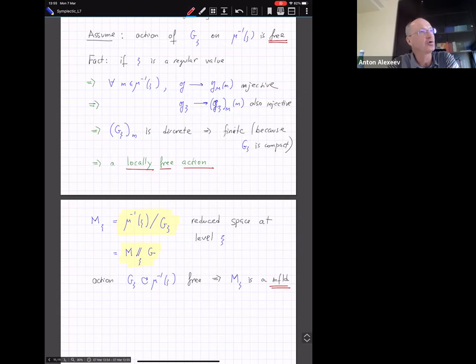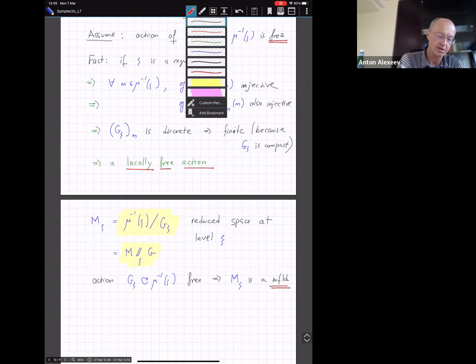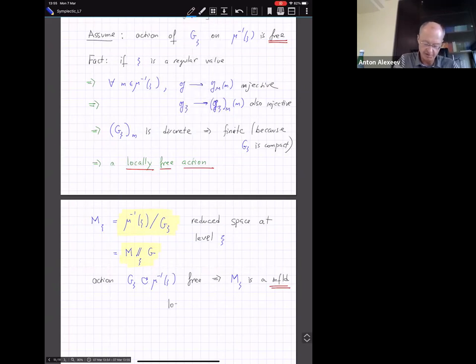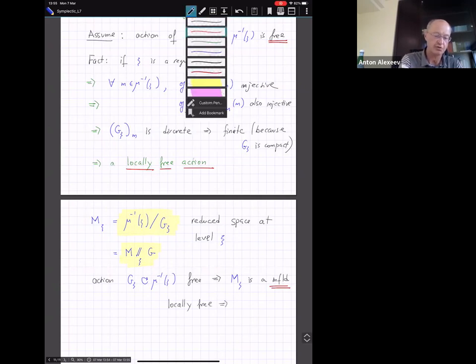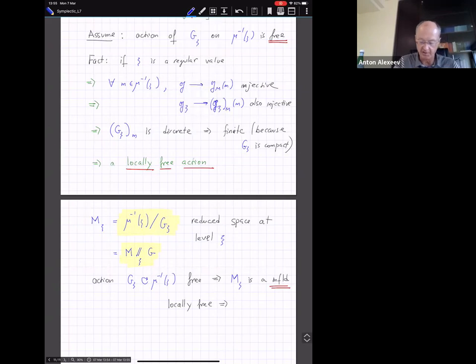However, there are different schools of thought who are thinking about other situations. In many cases, people are thinking that the action is locally free. Then M psi is allowed to have some mild singularities, and then it's called an orbifold.